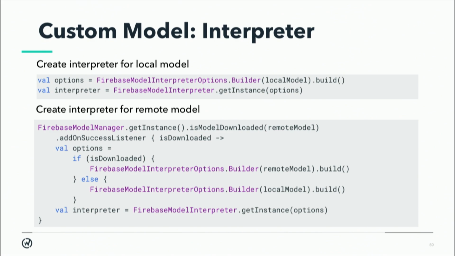First, you would want to check if the model was downloaded. So you can use the Firebase Model Manager isModelDownloaded method, and then add an on success listener. So if the model was downloaded, then you can use the Firebase Model Interpreter options and build the interpreter for that. Or otherwise, you can fall back onto the local model.